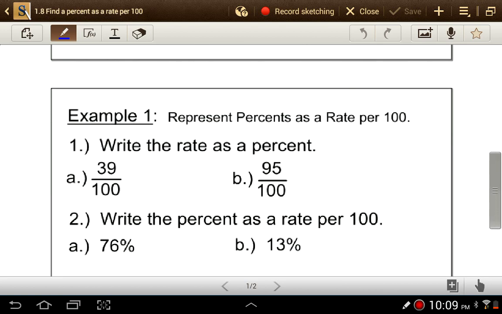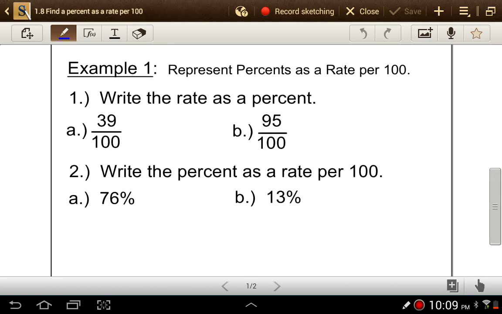Alright, in example 1, let's first represent percents as a rate per 100. So question 1 is write the rate as a percent. Percents are out of 100. So if I have 39 to 100, that's a rate, 39 to 100. That's going to equate to 39%.